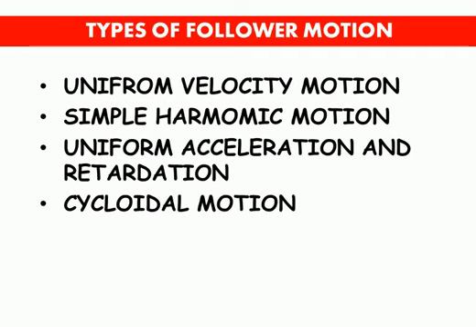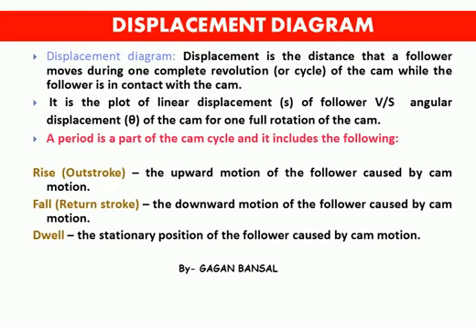So let's start first with uniform velocity motion. Before starting the uniform velocity motion, we must know what displacement diagrams are. Displacement is the distance that the follower moves during one complete revolution or cycle of the cam while the follower is in contact with the cam.